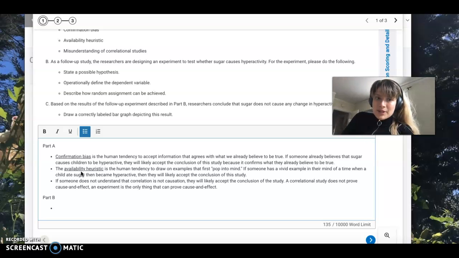So a possible hypothesis could be, I'm going to use the if-then structure, the if independent variable, then dependent variable structure. So actually I'll just type that first.